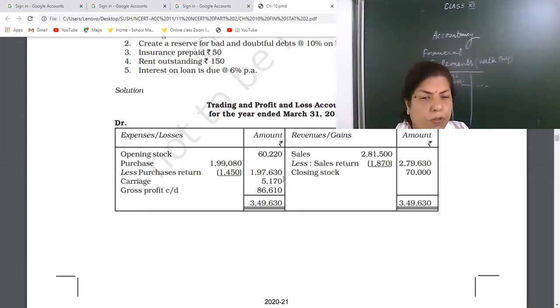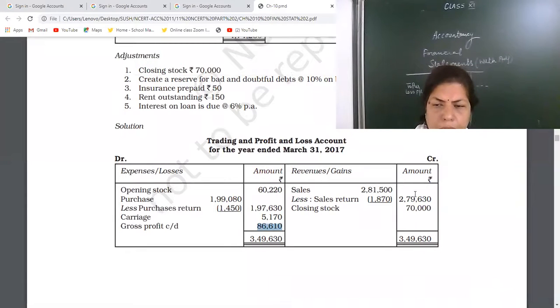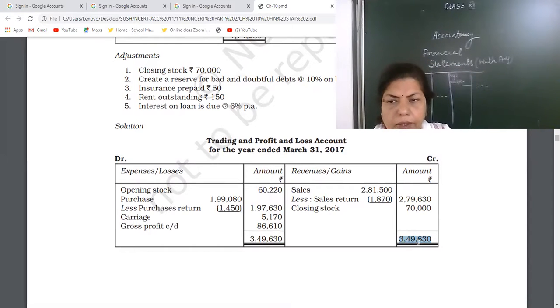Now gross profit. How to calculate gross profit? Look at this side. First, the total of credit side, that is 3,49,630. Now we should subtract these three things.